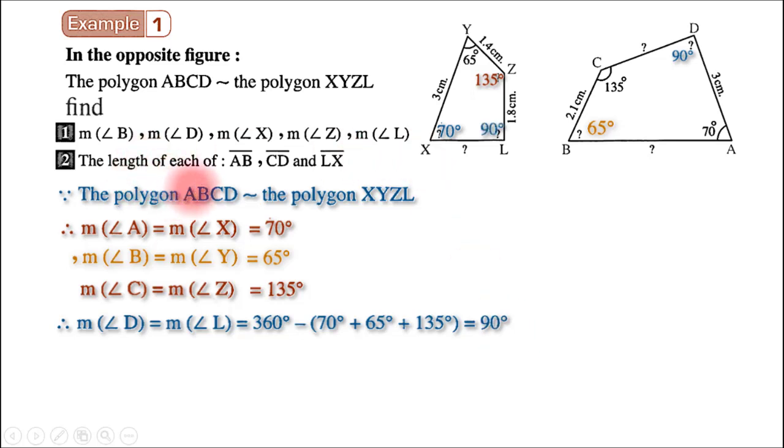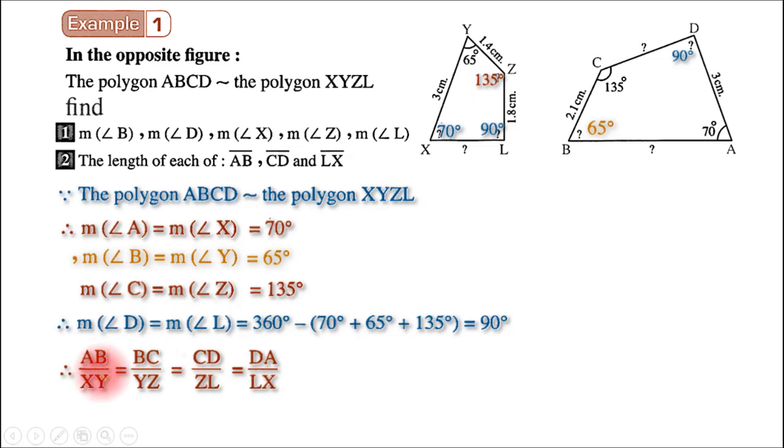Then we can now find the length of each of AB, CD, and LX. Since these two polygons are similar, then AB over XY will equal BC over YZ will equal CD over ZL will equal DA over XL.